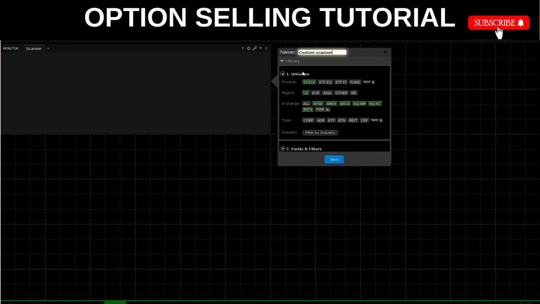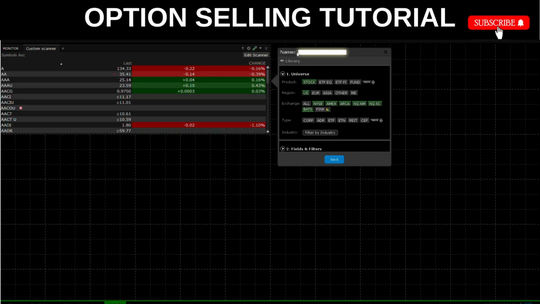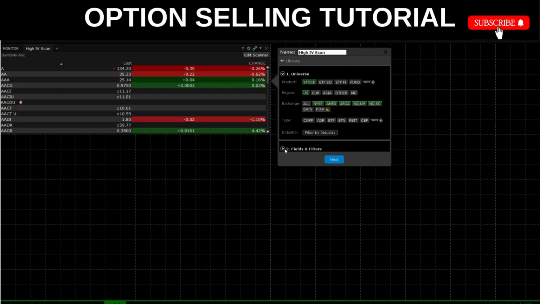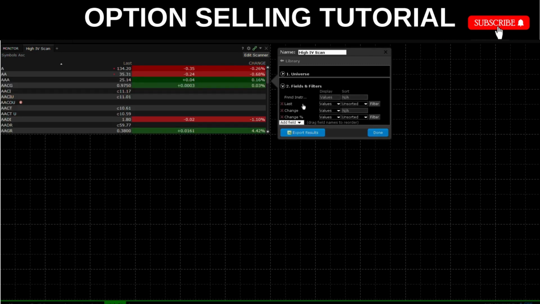I'm going to create a new scanner and give it a new name: high implied volatility scan. The product is stock, region US, exchange is okay. For type, don't select anything here. Here we are going to take the filters.